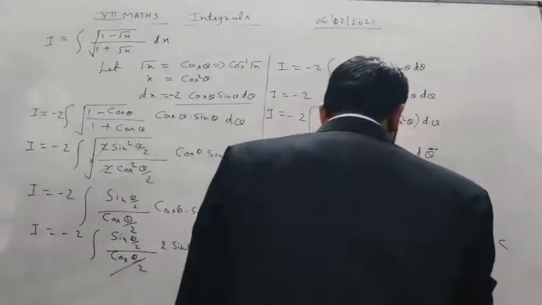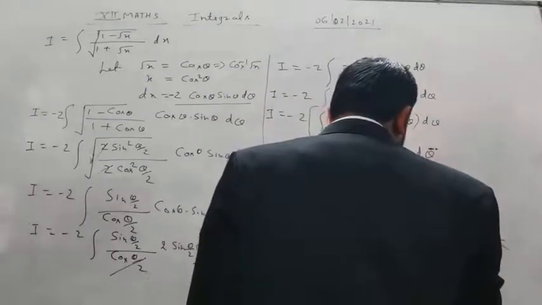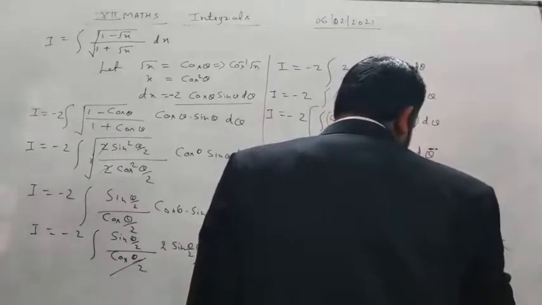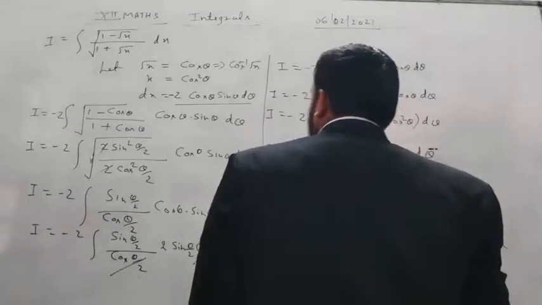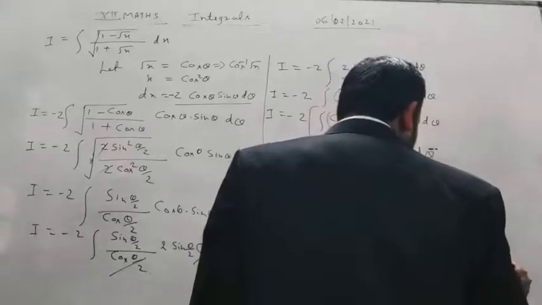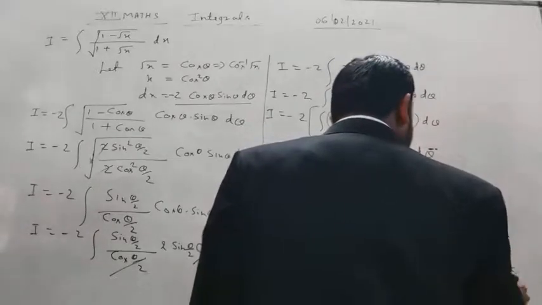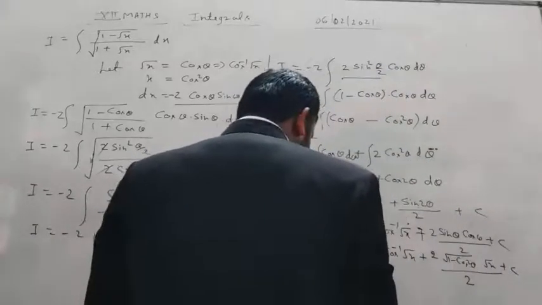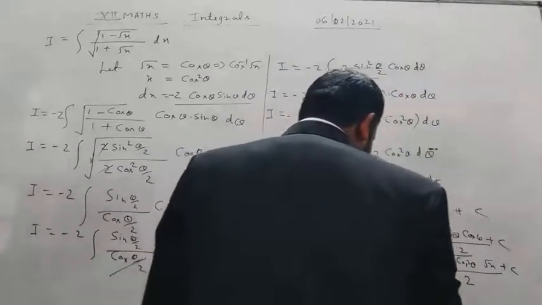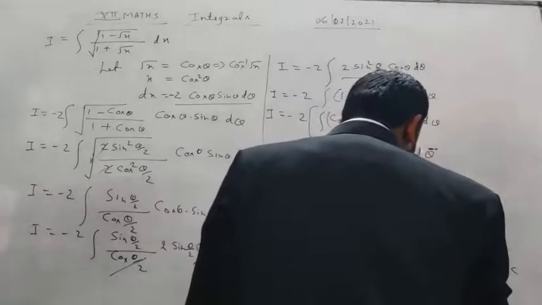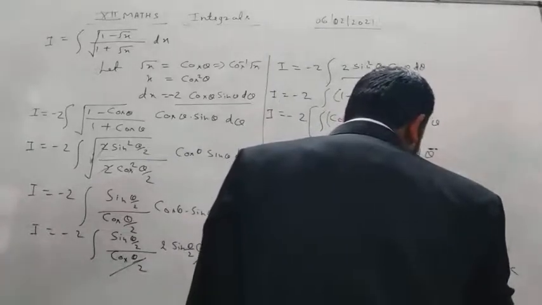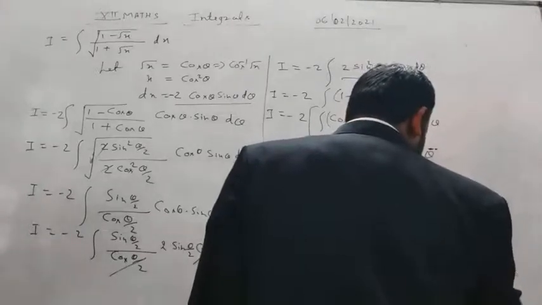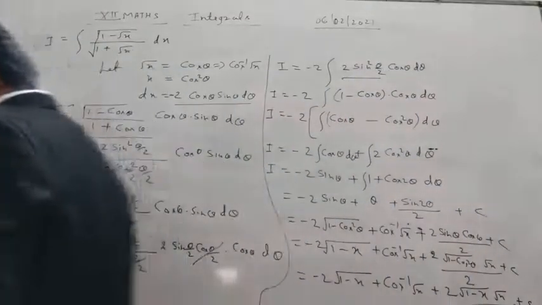So it will be cos inverse root x plus 2 sin theta written as under root 1 minus cos square theta, and cos theta is root x, plus c by 2. So minus 2 under root 1 minus x plus cos inverse root x plus 2 under root 1 minus x times root x by 2 plus c.